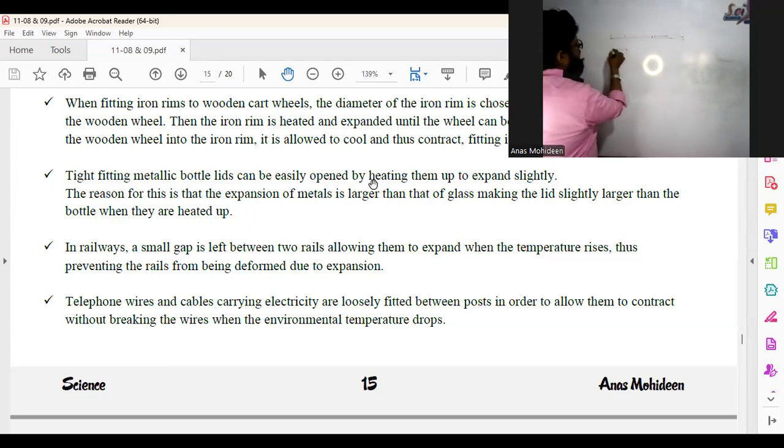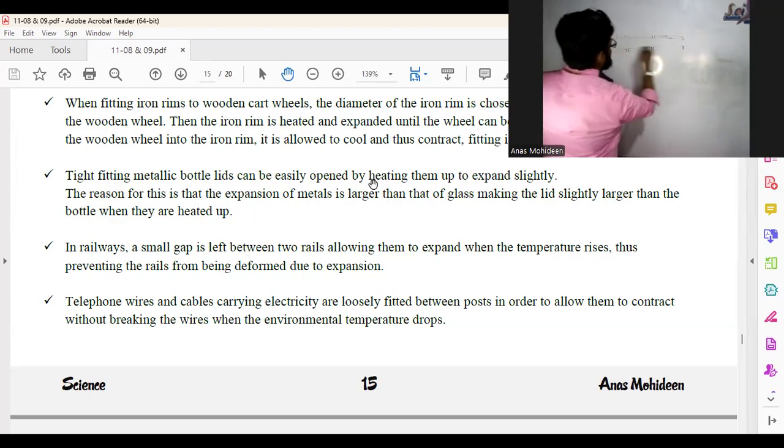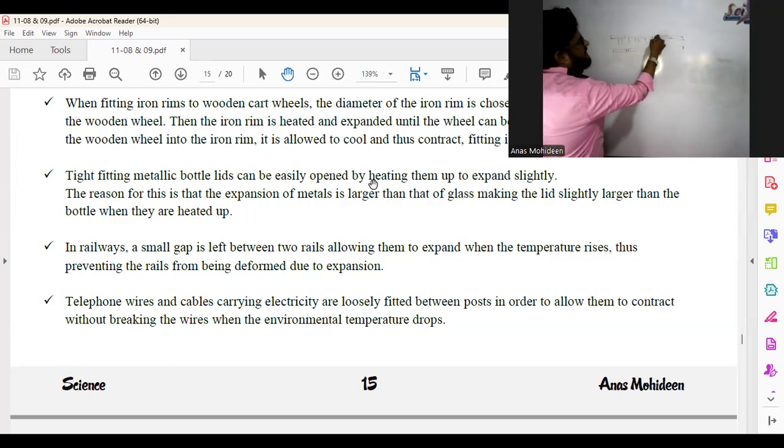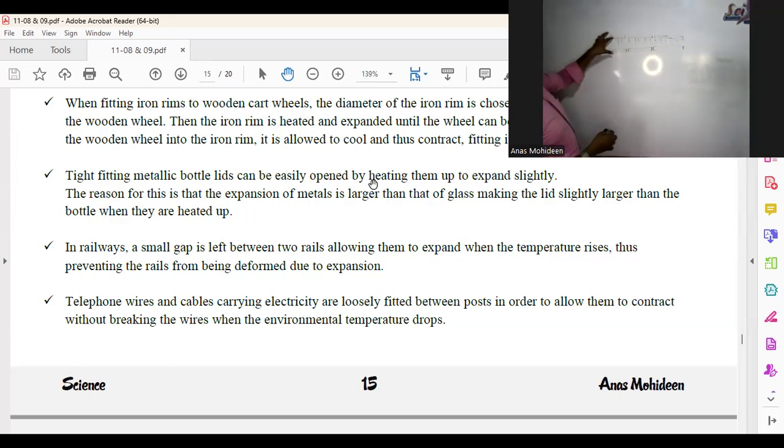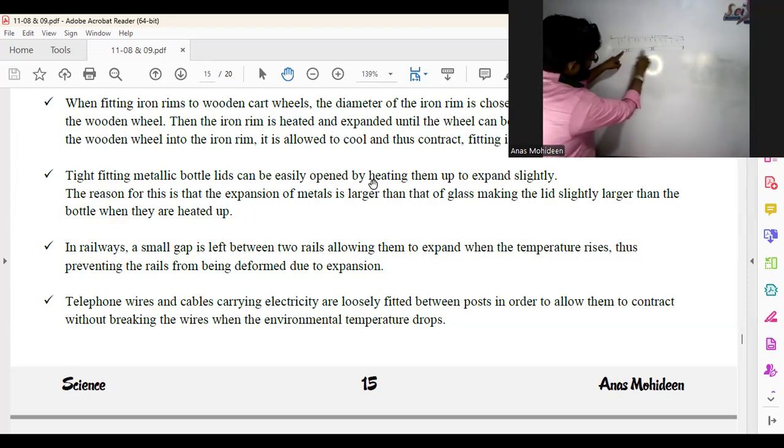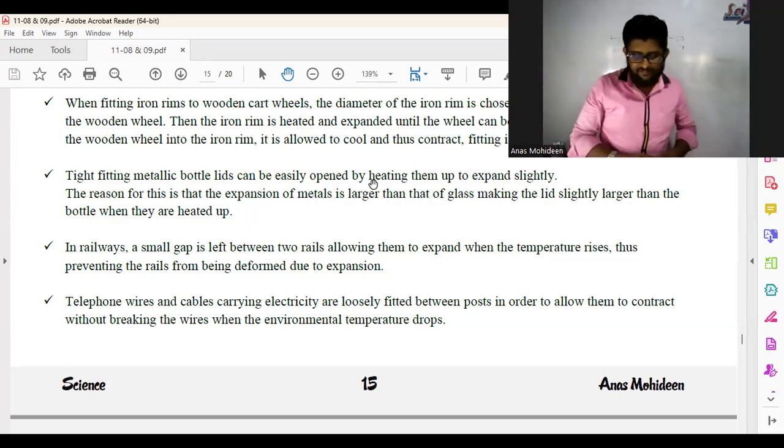This is the place where the wooden parts are there. Over this only the train goes. So in between the rail tracks, there's a gap, right? Why do they have the gap?